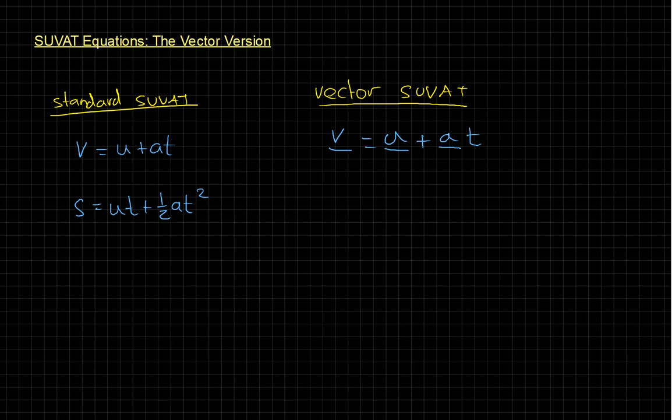Then if we look at this one, similarly, distance can be a vector. Initial velocity, vector, times time, which is not a vector, plus a half, that's just a constant, times a, which is a vector, times t squared, definitely not a vector. Which makes sense as well, right? Because if you ever have something squared, it can't be a vector.